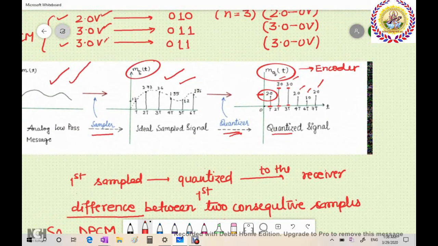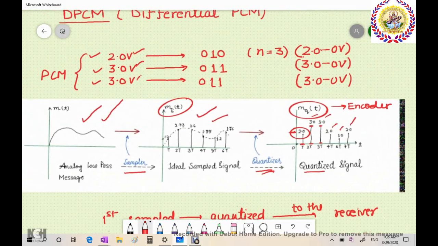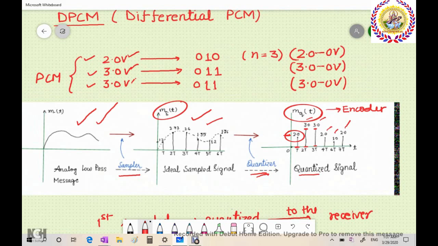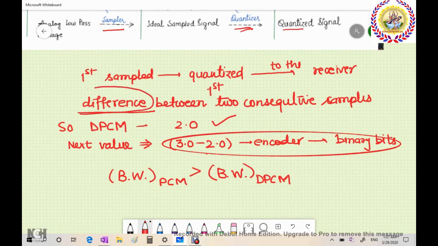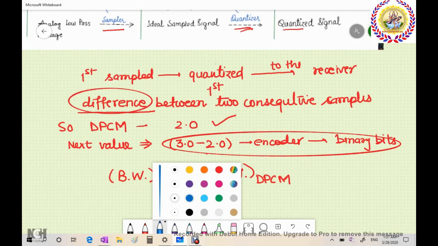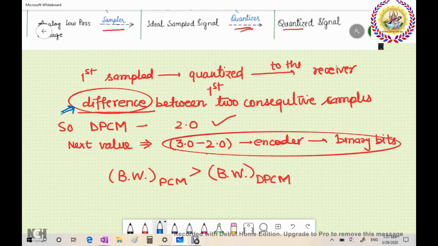The point is, in PCM, what are we sending? 2 and its equivalent binary value, 3 and its equivalent binary value, 3 and again its equivalent binary value, and the required bandwidth is definitely greater in comparison to DPCM, where only the difference is transferred from transmitter to receiver.